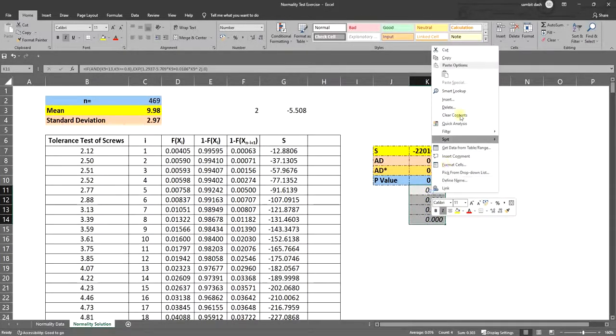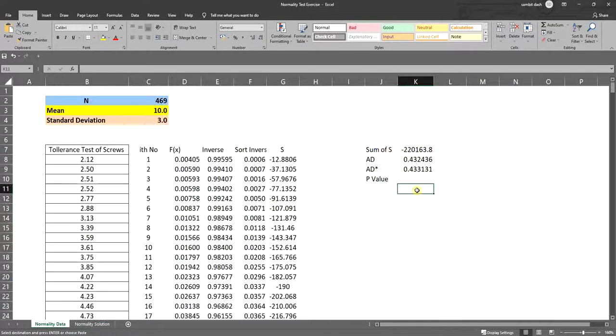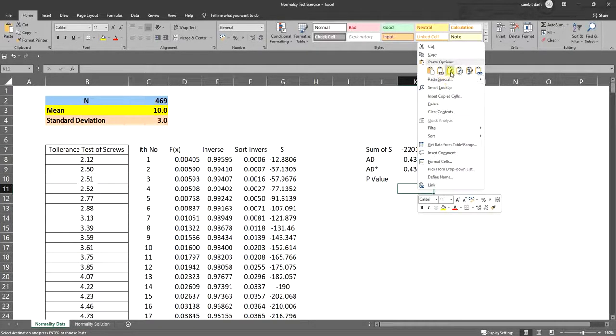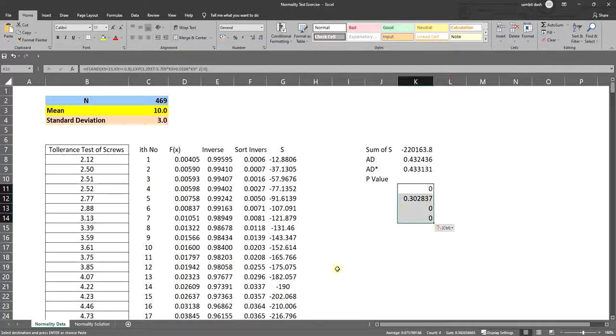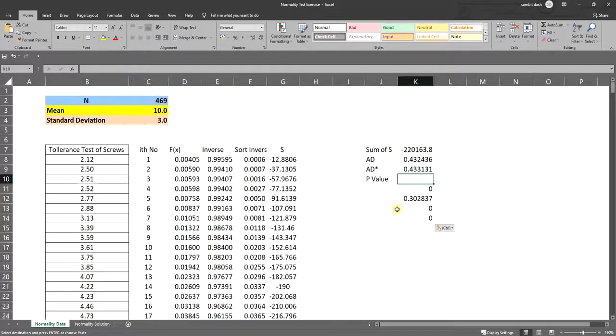Just copy this formula and paste it here. All the formulas are available here. We'll just paste the formulas here, right? And P should be the maximum of everything, right? Whatever we have, we have to take the max of it. So this equal to max of this thing. So this is the p value we are talking about, and which Minitab gave you.